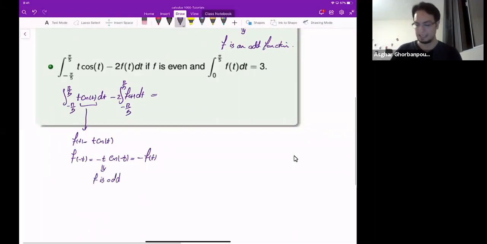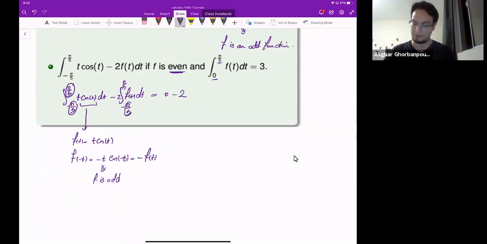And that means that the integral of that function from negative a to a is always going to be 0, minus 2 times the second one. It says f is even, and the given integral is from 0 to pi over 4. This is true only if the function is even.